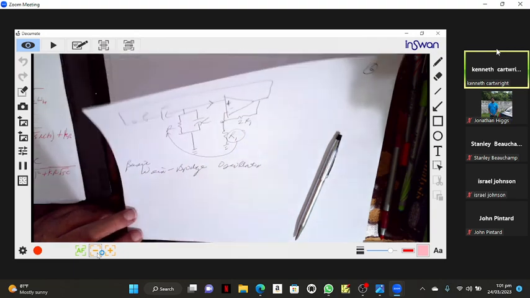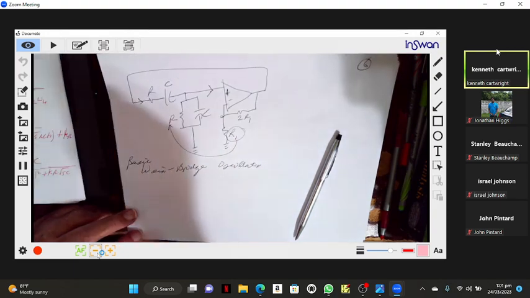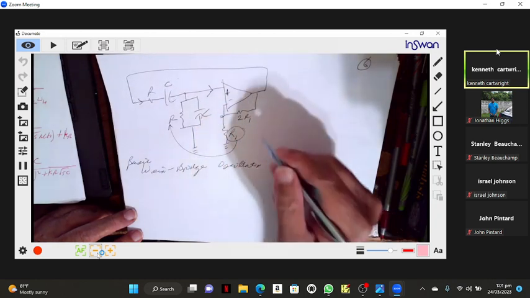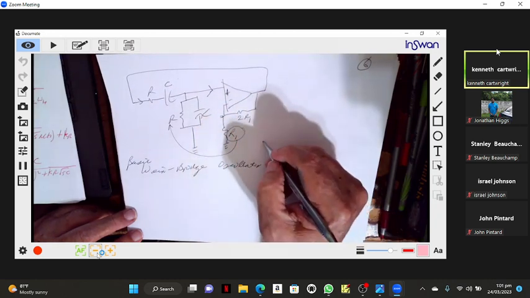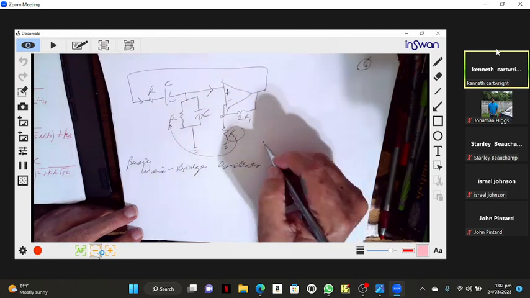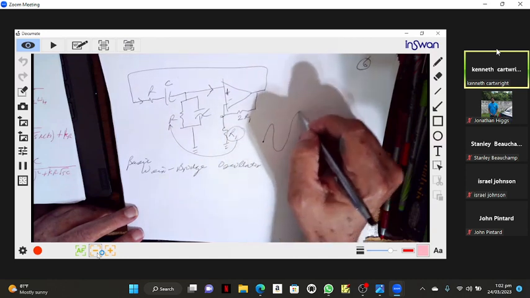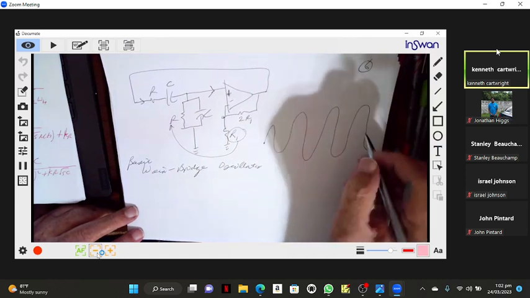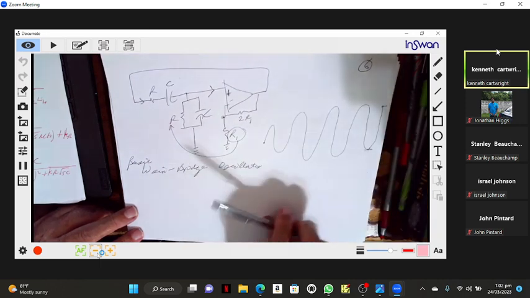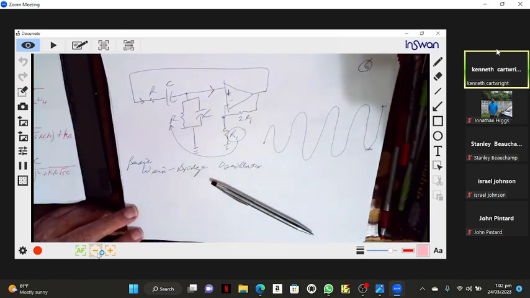You actually have to go a little above 3 for it to start to oscillate. And then what may happen is that it grows, and then it may saturate. So we don't want that to happen.